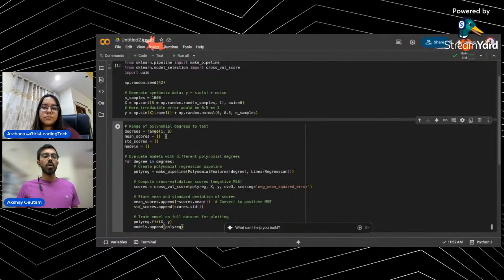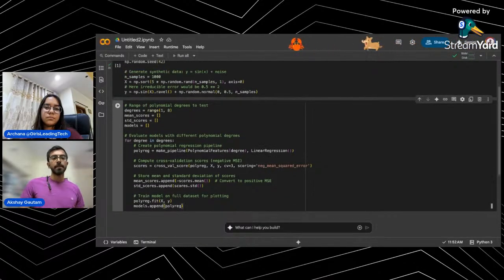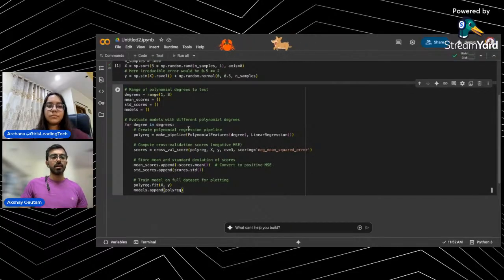Now I want to test polynomials from the degree of 1 to 8. So I want a polynomial with a single degree, a second degree polynomial, third degree, and as the degree of a polynomial increases, the complexity of this function will increase. It means there are more variables for the model to change during training. We'll keep mean scores and all that.